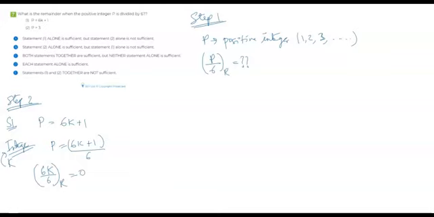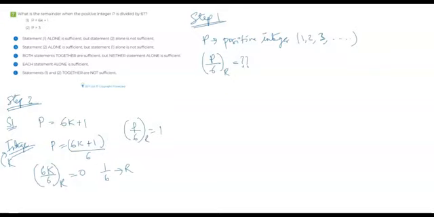You can check it out. Put k as 1, 2, 3, 4, 5. You'll see that it's 0. There's again an elaborate explanation for this, but I'm not going into too much detail. And what about 1 by 6? When I divide 1 by 6, I get the remainder as 1. So I can say when p is divided by 6, the remainder is 1 when k is an integer.